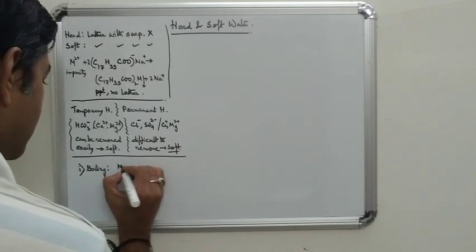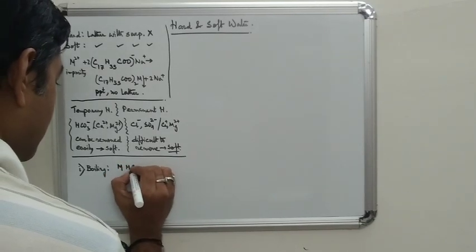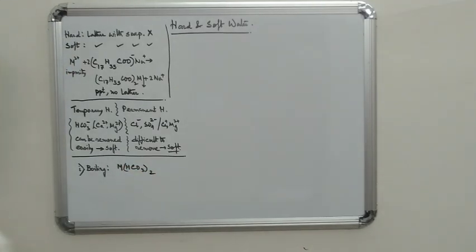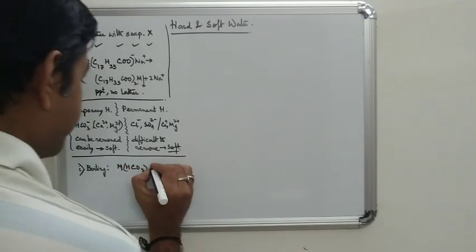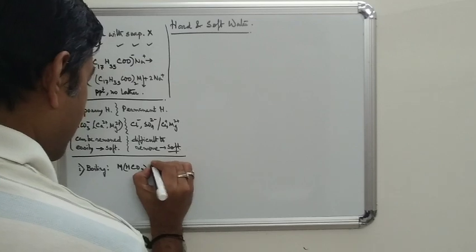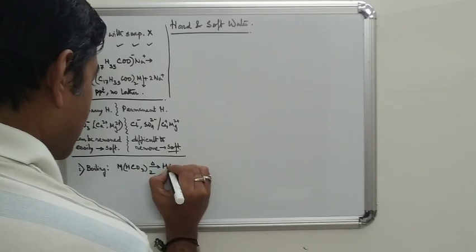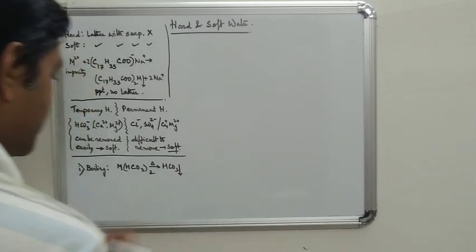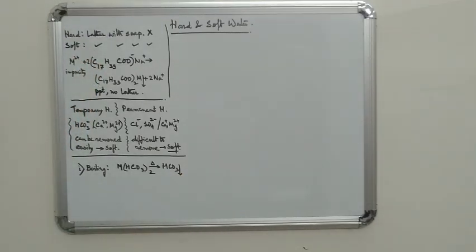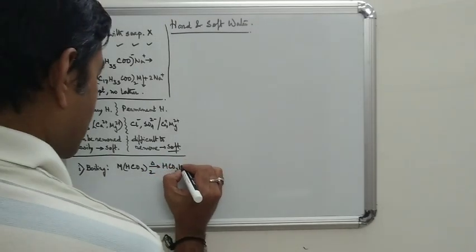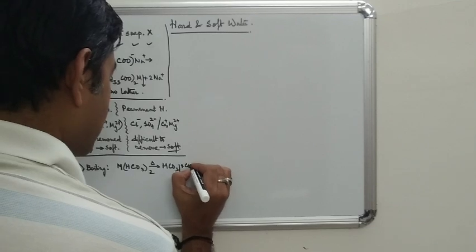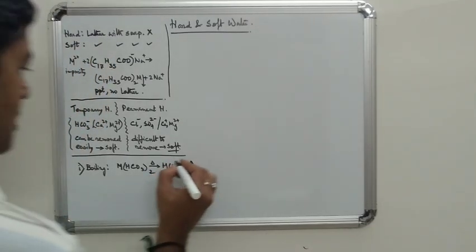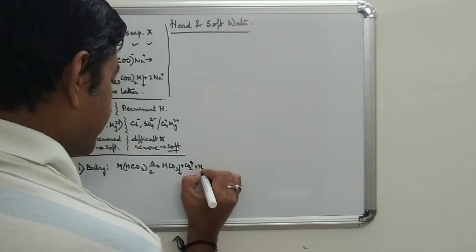When we boil the metal bicarbonates of calcium and magnesium, they are simply converted into metal carbonate and get precipitated, and the residual CO2 gets evolved from the solution, and the rest will be H2O.